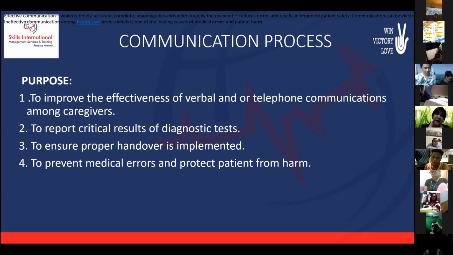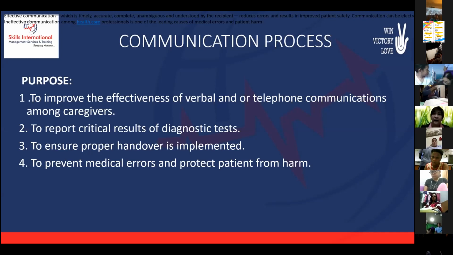Because I am leaving, the other one is going to stay. So I'm going to hand over my patients to her. So it should be a proper handover. For example, I want to leave, but the medication of the patient should be given at 12 o'clock midnight.